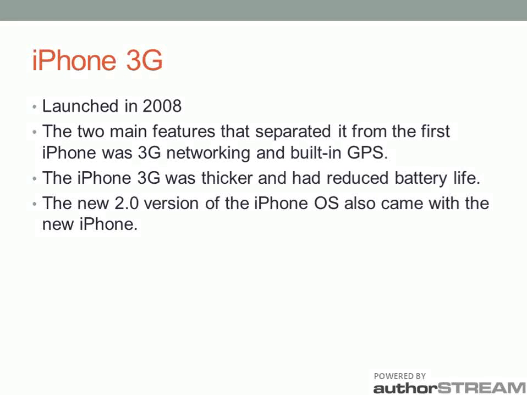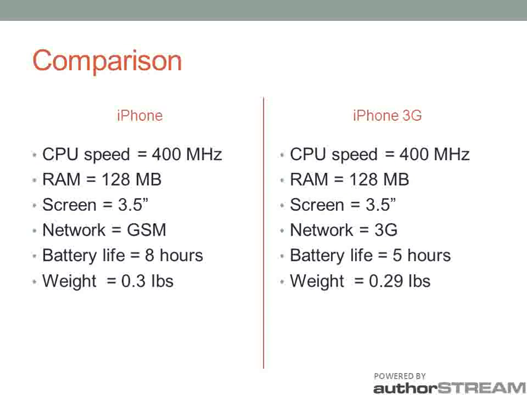New features included the App Store and push email. Just a brief comparison between the first iPhone and the 3G. You can see they're roughly similar with speed and RAM memory, but because of the 3G network, the battery life in the 3G was reduced, but it also weighed a little bit less, so it's less awkward to carry around with you.